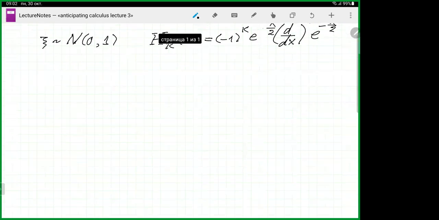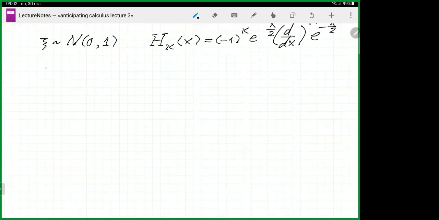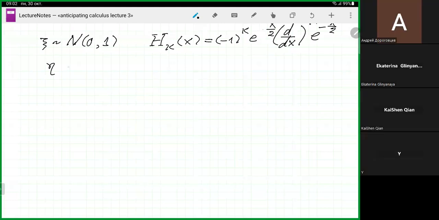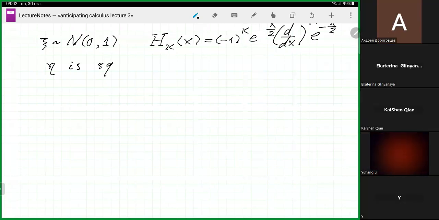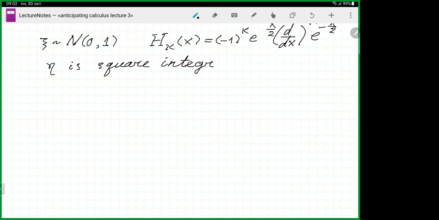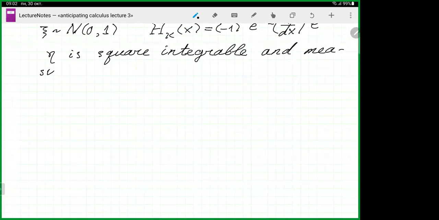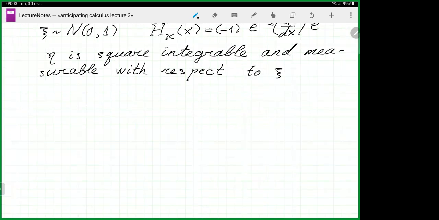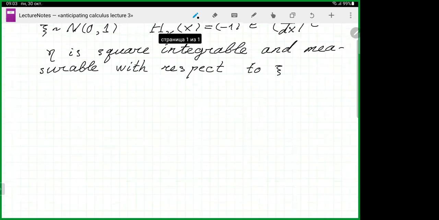And we have seen that an arbitrary random variable eta, which is square integrable and measurable with respect to psi, has a unique representation of the following kind.